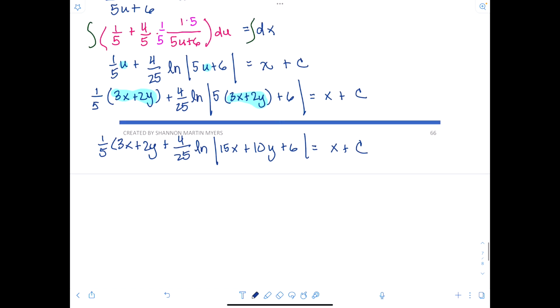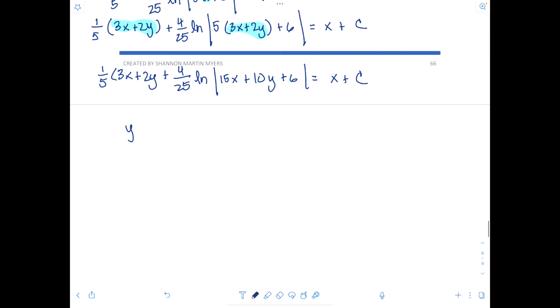Now, using our initial condition, what was that? y at -1 is -1.